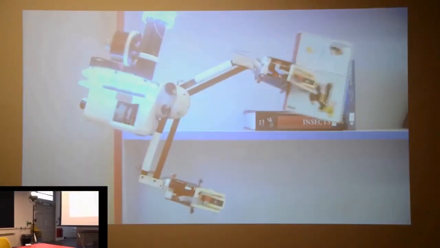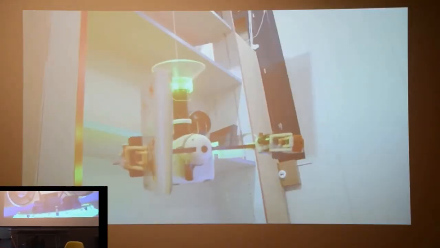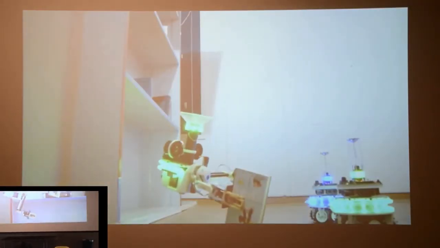Actuated fans give the handbot control over its angular rotation around the vertical axis.